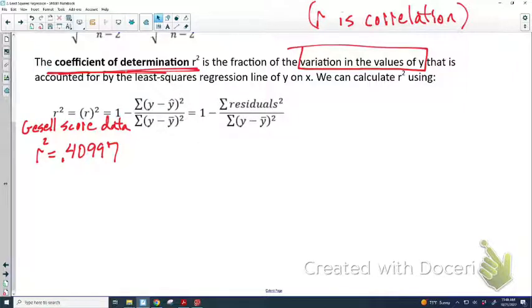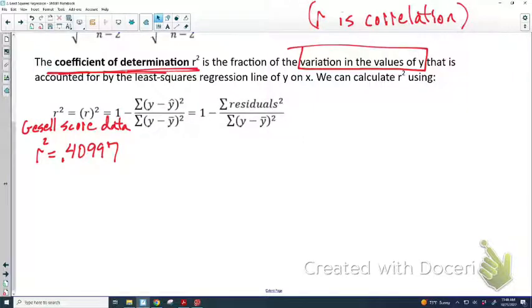But when you square it, this is almost like a grade or a score of how good of a job the line is doing at explaining x and y. All right, so as these dots are bouncing all over the predicted line, it's like a grade of how good of a job the line does.